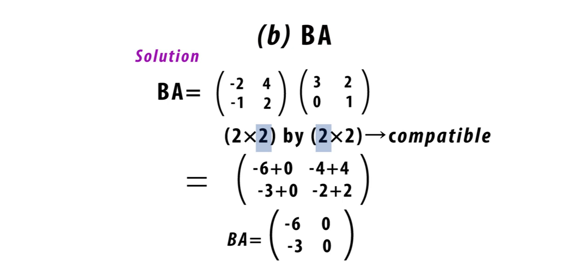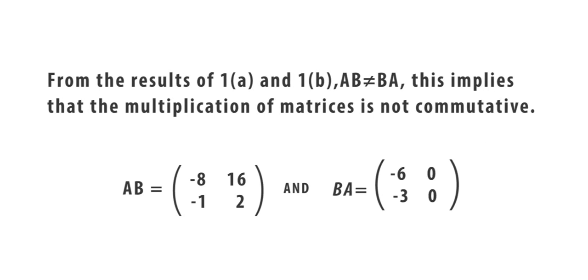Good. Now from the results of 1A and 1B, it is clear that the matrix A multiplied by B is not equal to the matrix B multiplied by A. This implies that matrix multiplication is not commutative.